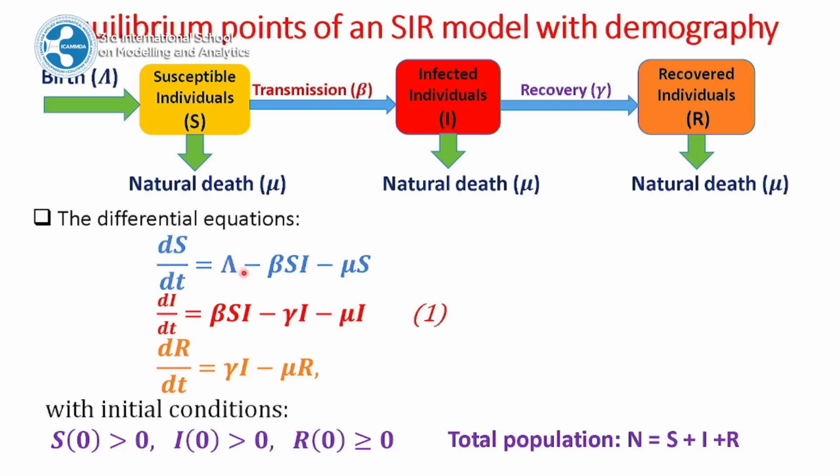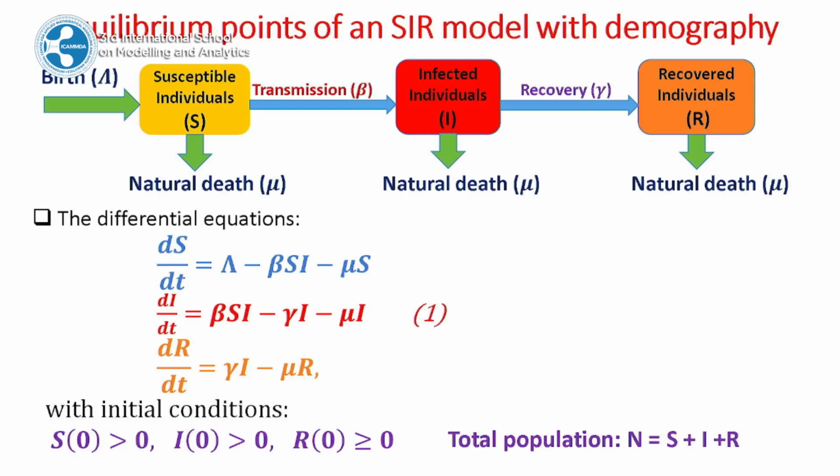Okay, so in order to summarize the first two basic models being introduced, the SIR model without demography and the SIR model with demography, since the analysis followed the same pattern, I want to focus on the SIR model with demography.